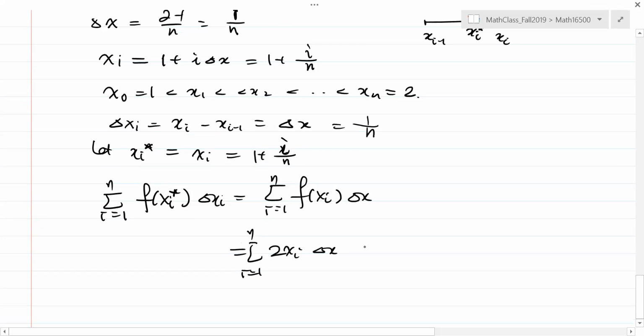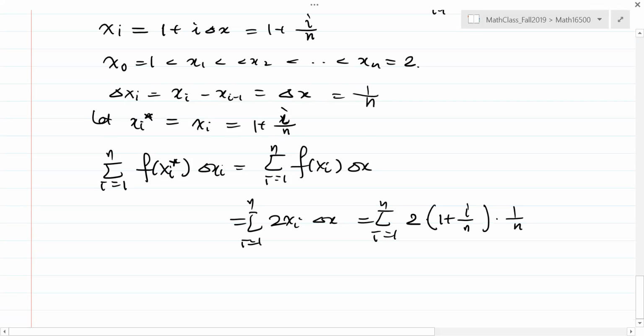I'm going to put the details here: x_i is 1 plus i over n, and delta x is 1 over n. I claim that this is going to approach the area of the region. It has a limit.